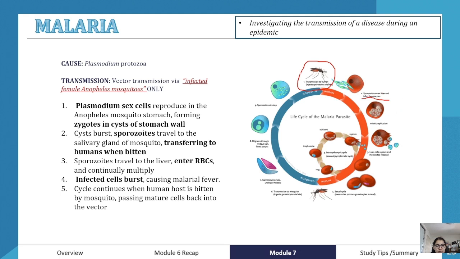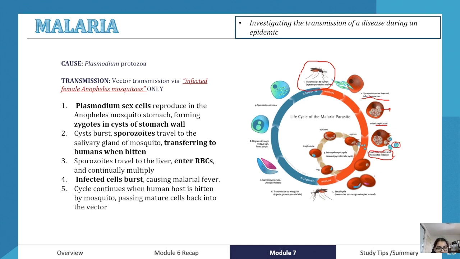From there, they do mitotic replication. So they are replicating ridiculously fast, and as a result, our liver cells rupture, and those merozoites, which are now mature, are released.